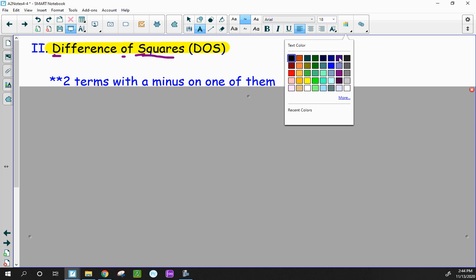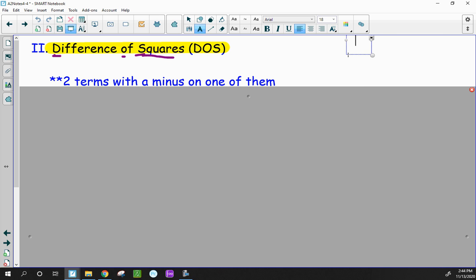Okay, so I'm talking numbers like 1 times 1, 2 times 2, 4, 3 times 3, 9, 4 times 4, 16, 5 times 5, 5 squared. I'm talking about a power of 2 instead of the square geometric figure.